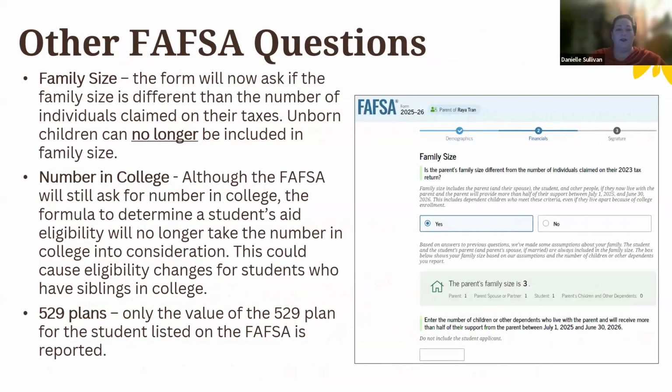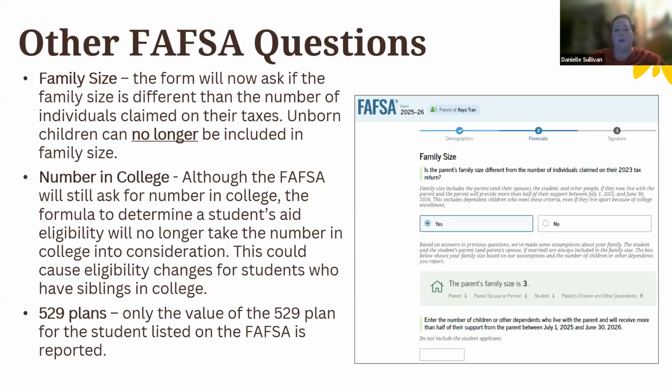So here are some additional FAFSA questions. Now that we've covered income and assets, family size will be asked on the form if the direct data exchange worked. It's only going to ask if the number is different than what was transferred from the IRS. So family size will automatically be pulled over from the direct data exchange. It's going to pull over the people listed as the tax filers. So if it's a joint return, it would pull over two.